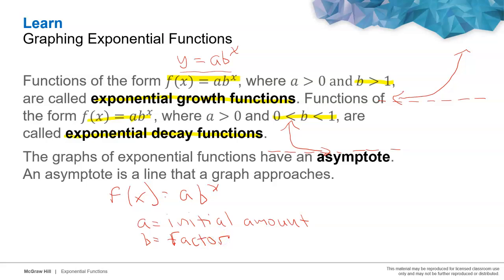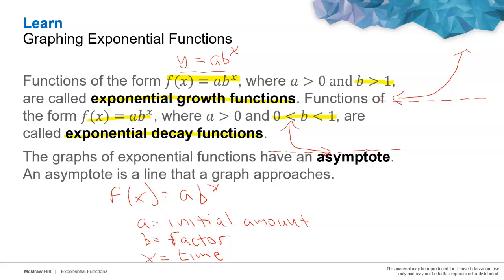So remember that it's growth if that factor is greater than 1, and it's decay if that factor is between 0 and 1. And x is always going to be a reference to time. Now, it may not be days, it may not be weeks, but it may be the number of times you do something. It might be what the x is representing.